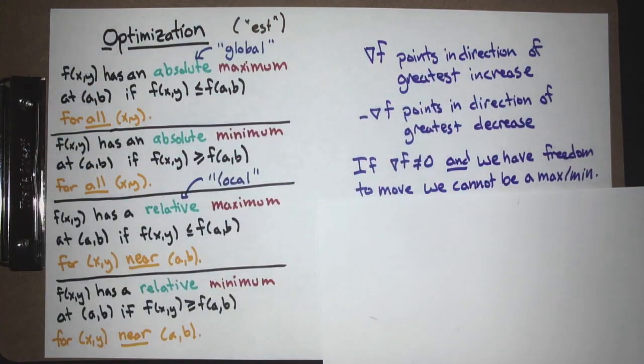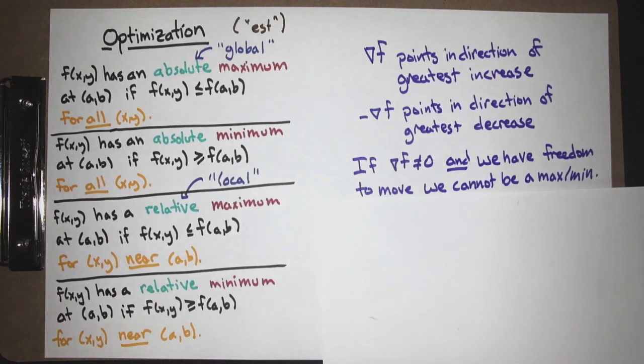So you're on a tilted plane locally: you can move and go up, or move opposite the gradient and go down. When the gradient isn't 0 and you have that freedom of motion, you can't be a min and you cannot be a max, because you can do better.